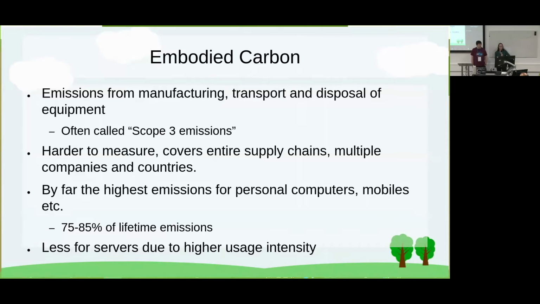Things like personal computers and mobiles often have by far the highest emissions. Not sure about this figure, the lifetime emissions. Is that per computer, compared to the energy the device would use during its lifetime versus what it took to manufacture and dispose of it? 75 to 85% is coming from that manufacturing and disposal process, and most of that is the manufacturing. But for a server, that won't be so bad because you run your servers normally 24/7, often at near max workload.